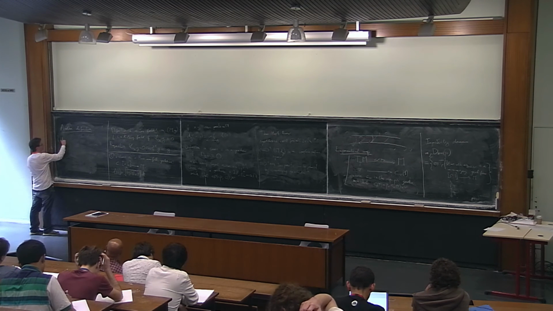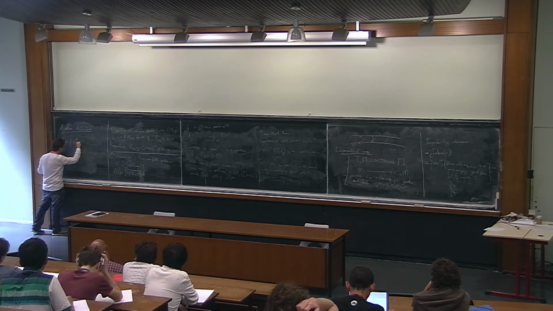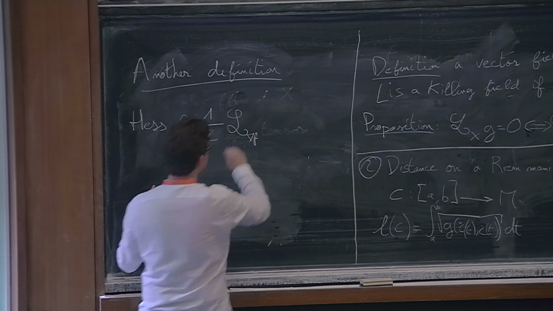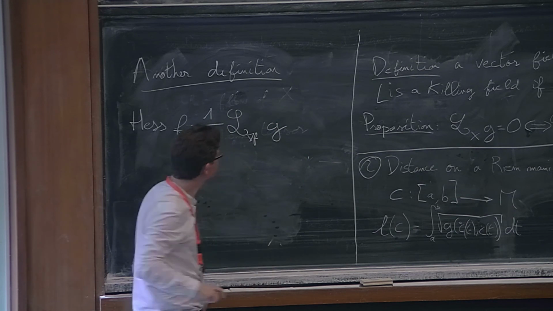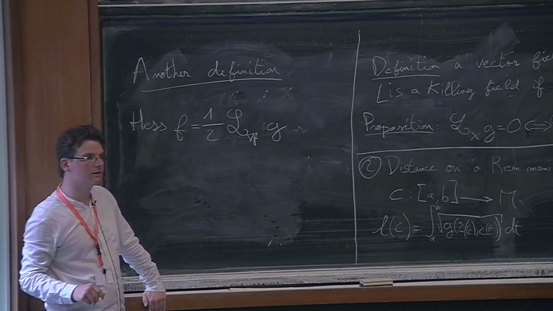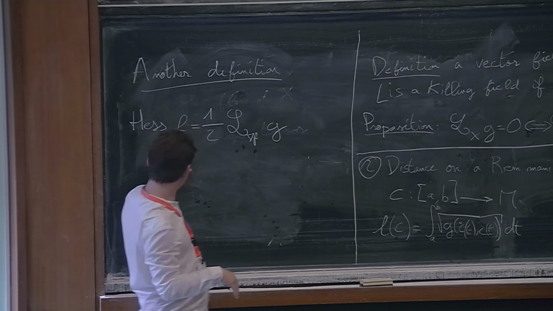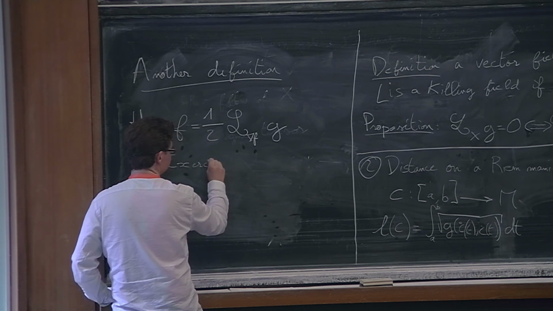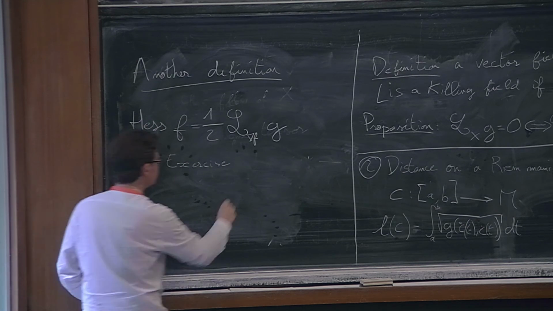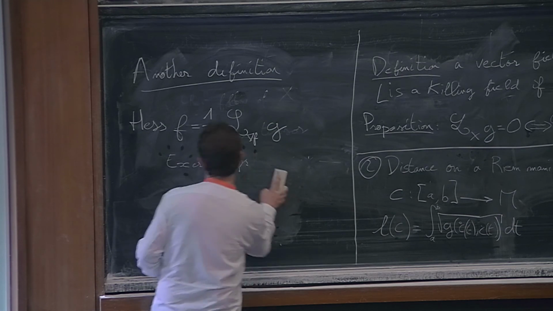The Hessian of f is equal to 1/2 the Lie derivative, in the direction of the gradient of f, of the metric. Exercise. Maybe I could do that actually. Let us prove that.